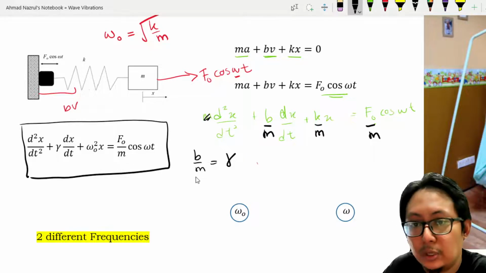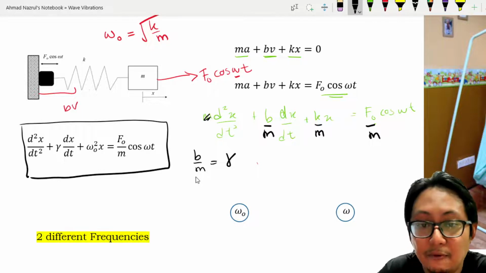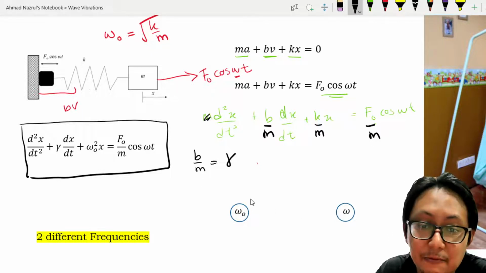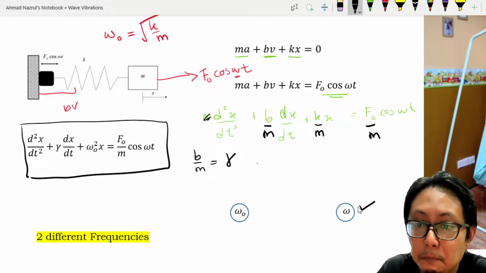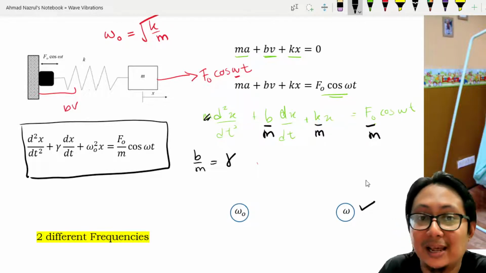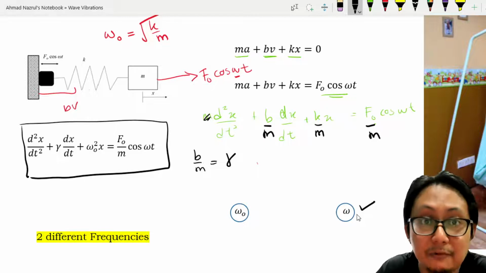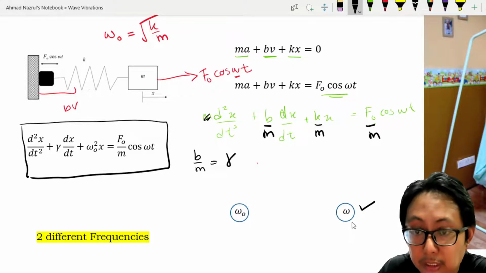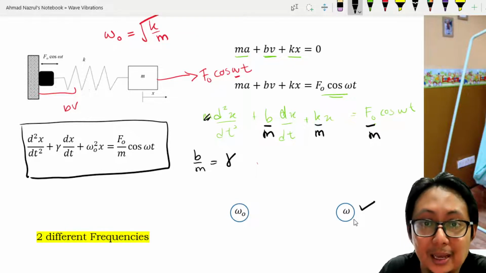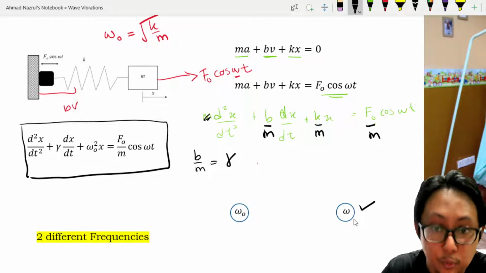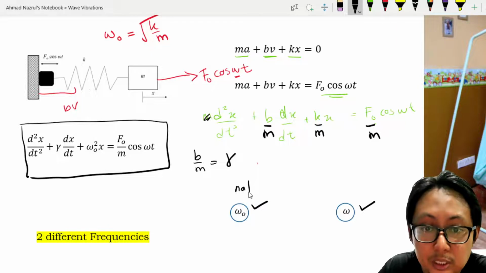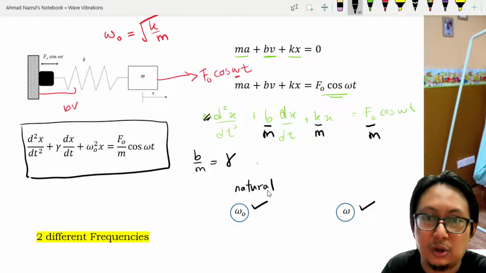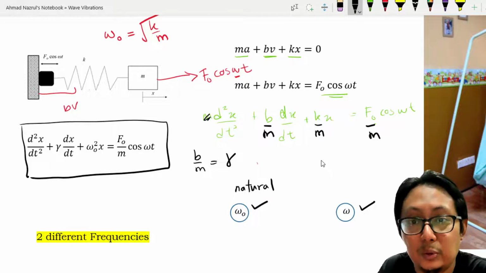Now I need to make sure that we have two different omegas here. The pure omega is the omega given to the system, which is the driven frequency. The driven frequency means the omega given to the system to move. But omega naught we call the natural frequency, the original one, which we had in simple harmonic motion.